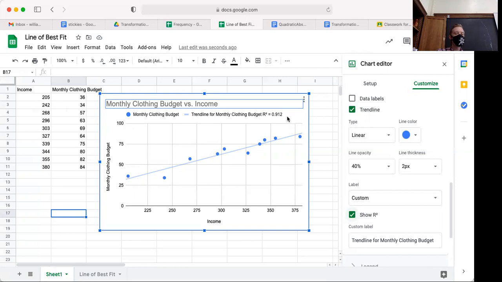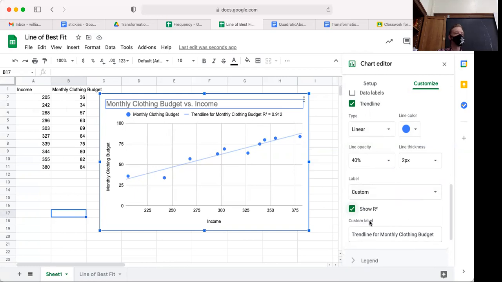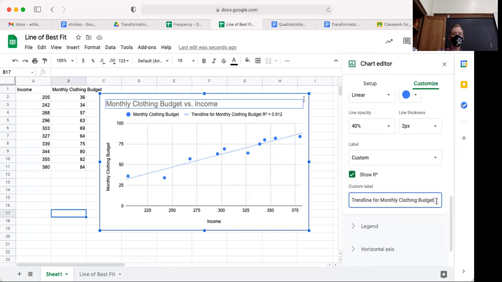So the last piece of information we want from this graph is we want to go down here where it says custom label, because when we click on this, oh, no, sorry, not custom label. We're going to go to label and then change it from custom to use equation right here.